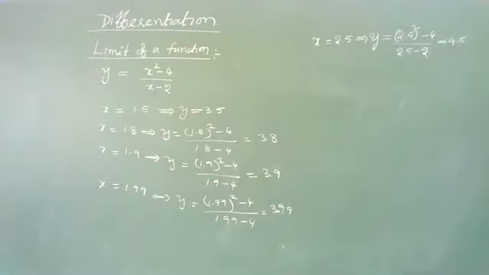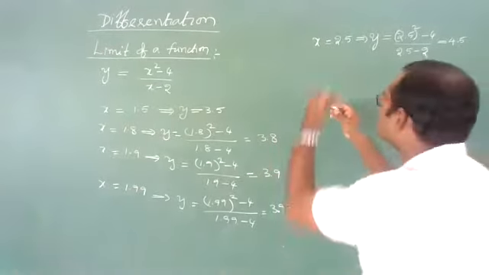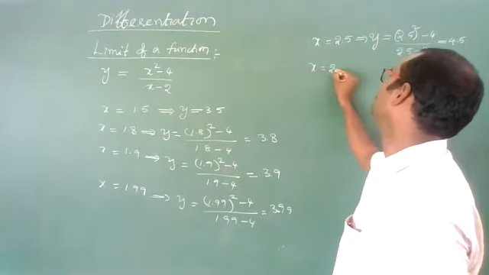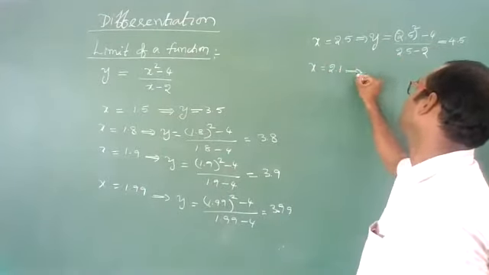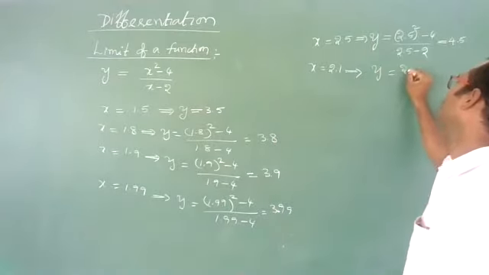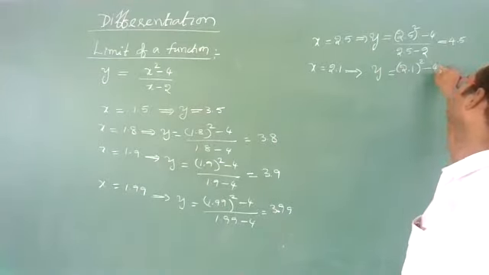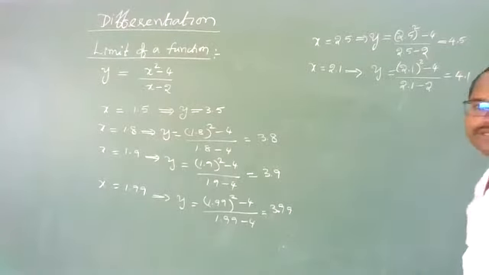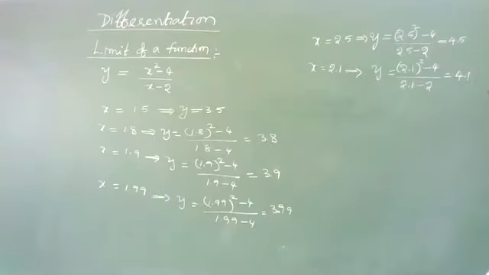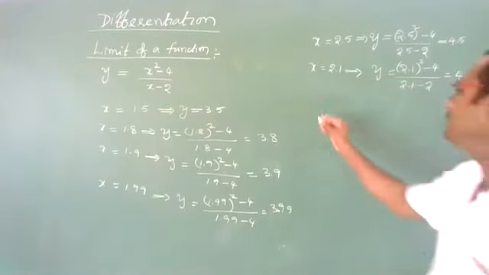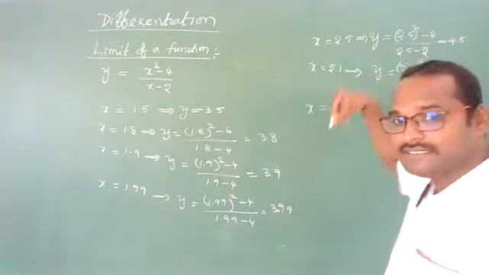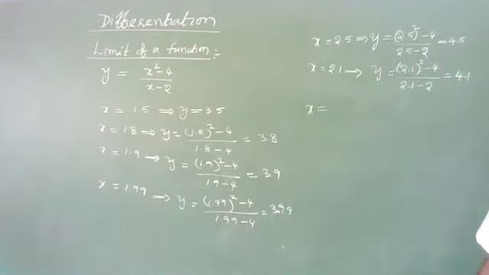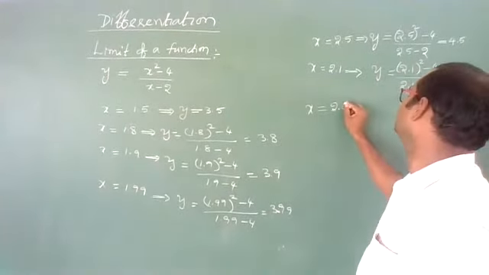Now let's decrease the x value to 2.1. What will you get as the y value? y equals 2.1 squared minus 4, divided by 2.1 minus 2. Do this calculation and you will get exactly 4.1. Good. Now let us reduce this x value still nearer to 2, that is 2.05.